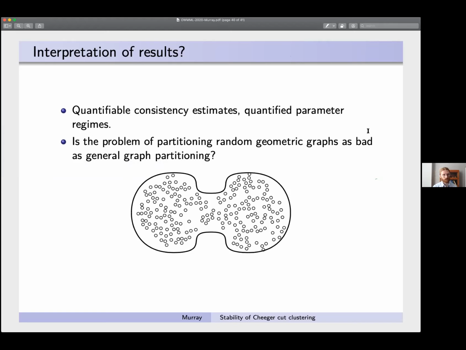So now the question is, how do you interpret all of this? One way is that this gives us robustness guarantees, consistency estimates that one can quantify for specifically quantified parameter regimes in terms of epsilon and n. But one message that I take away, and this is something we haven't figured out exactly how to say yet, is that when one looks at the problem of partitioning in the continuum, it doesn't look like such a terrible problem a priori.